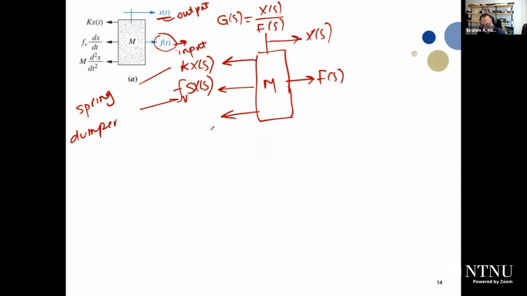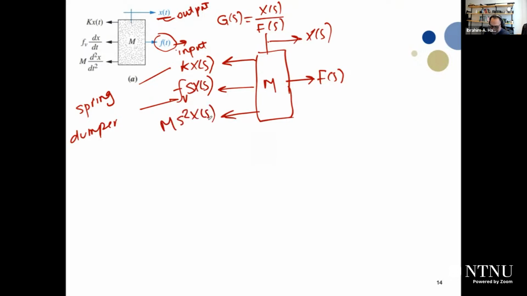This force is proportional to the acceleration, so it will be M multiplied by A, where A is acceleration, or mg, its weight, M multiplied by G, gravity, for example. So it will be multiplied by something proportional to the acceleration, and the acceleration of X of S will be s squared X of S.